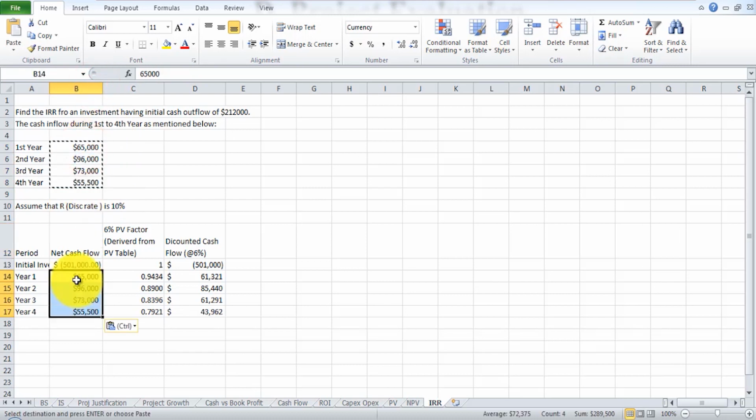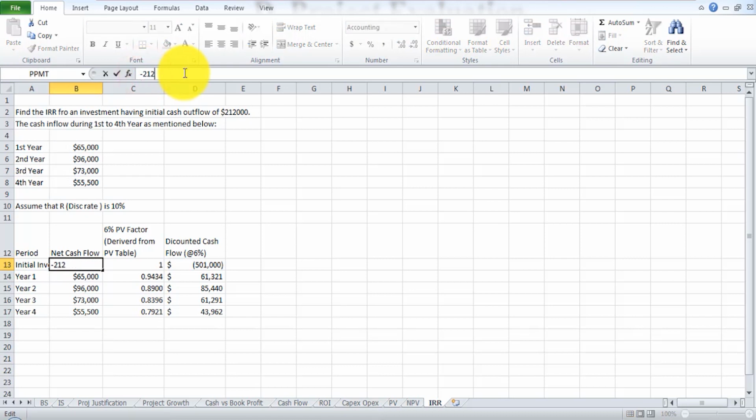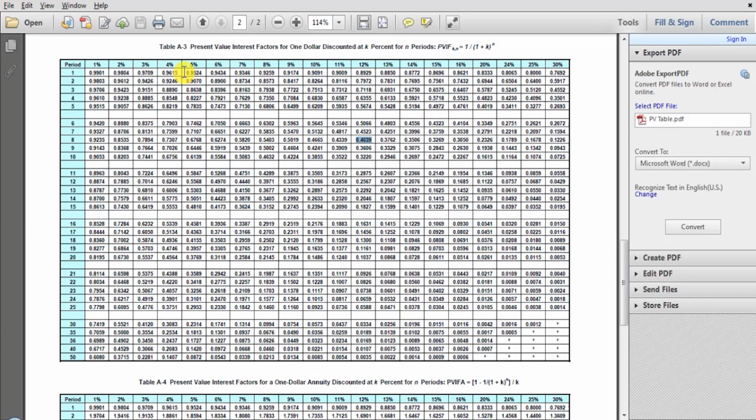Okay, so the initial outflow is 212,000, right? So it's going to be 212,000, and now we're going to use the discount rate of 10% to discount the cash flows. We just need these amounts here from the present value tables. Okay, for 10%, for the first year it's 0.9091.